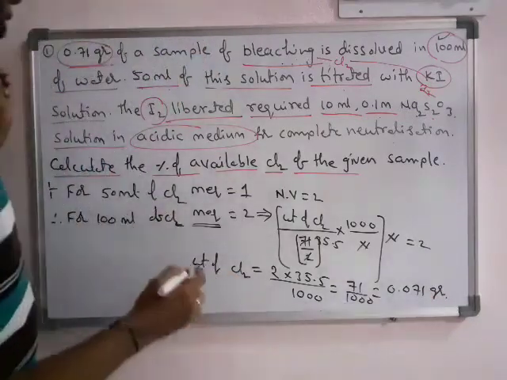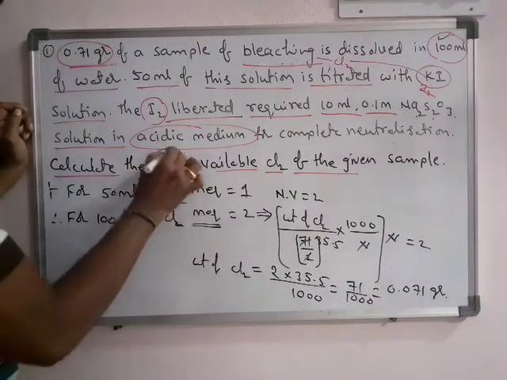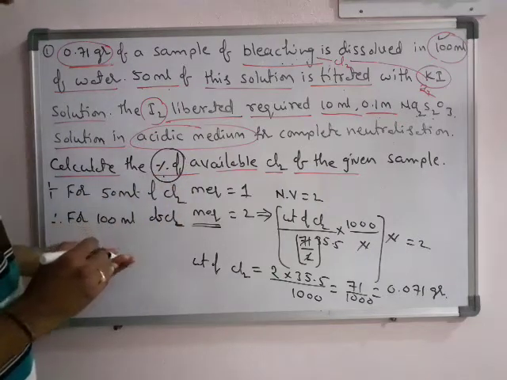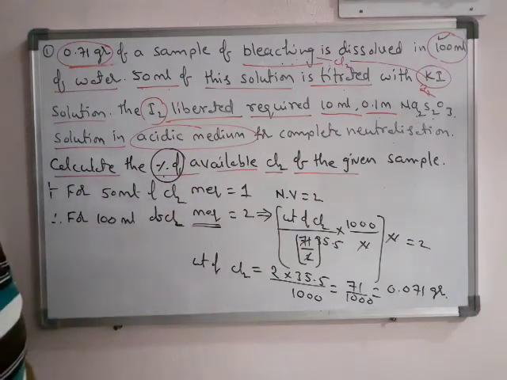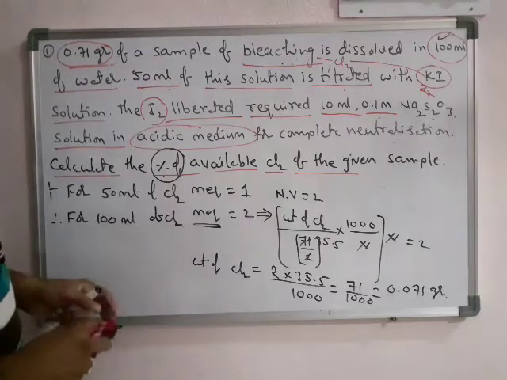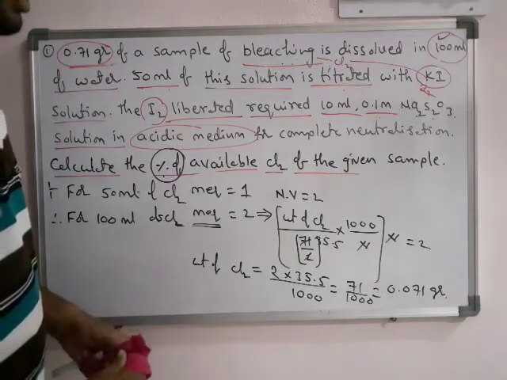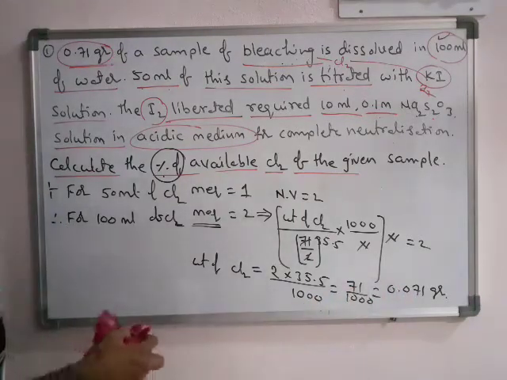So in this problem it is asked that we need to get the percentage of available chlorine. So percentage of available chlorine means we need to calculate the percentage value.